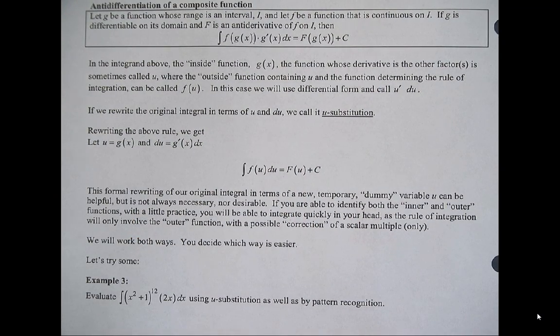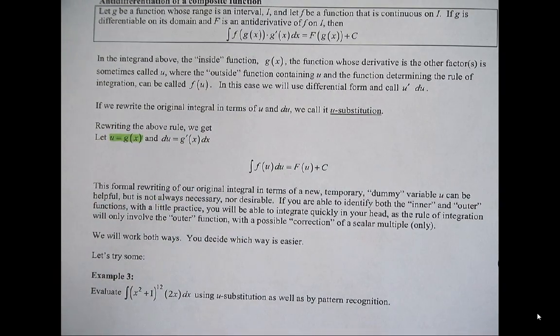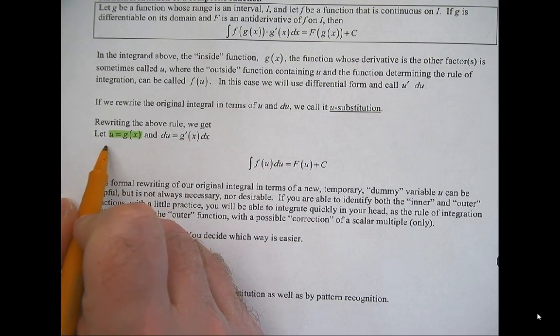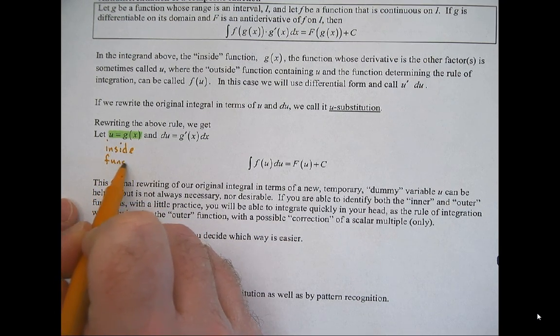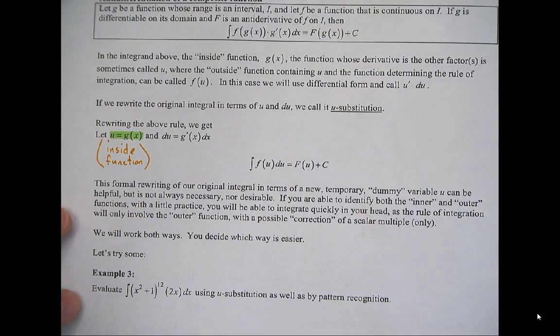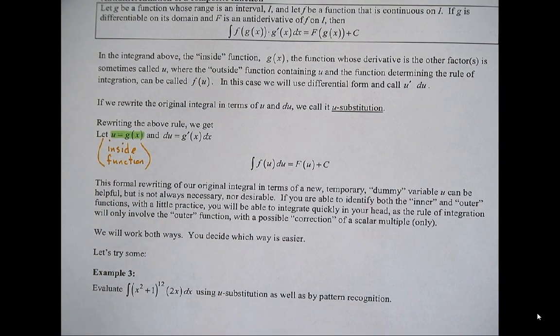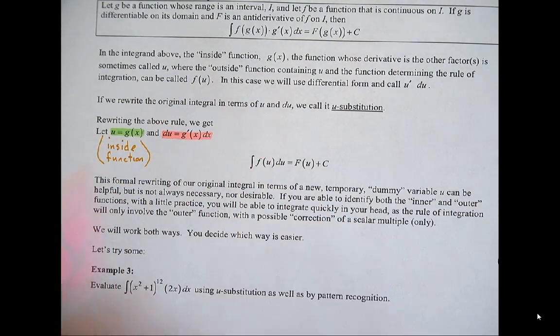When I talk about u equals g of x, that g of x, what we're calling u, is the inside function. g of x is the function on the inside. And then du, well, if u is our variable, du stands for the derivative of u. du is the derivative of the inside function.